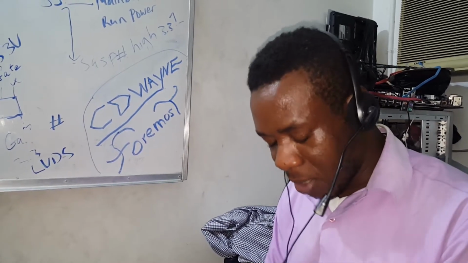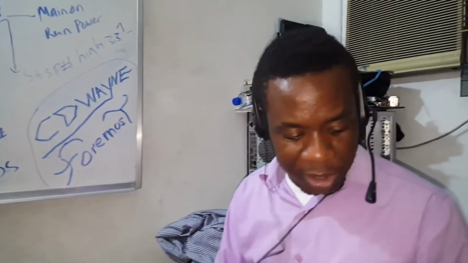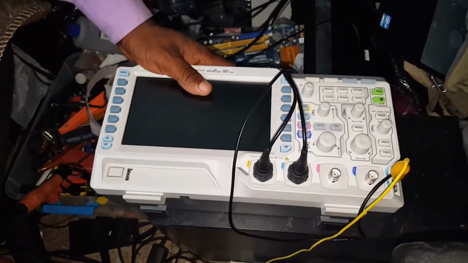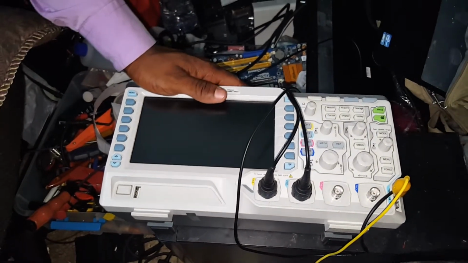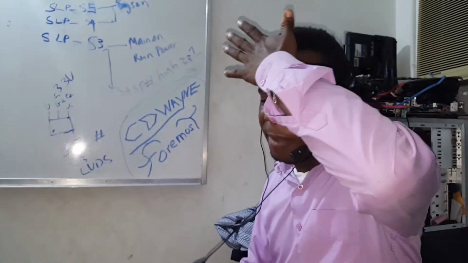So in this class, this is a practical way I'm going to show you with the use of the oscilloscope. We will use this oscilloscope to check the PWM circuit, to understand the whole idea of pulse width modulation and what a PWM is, right?